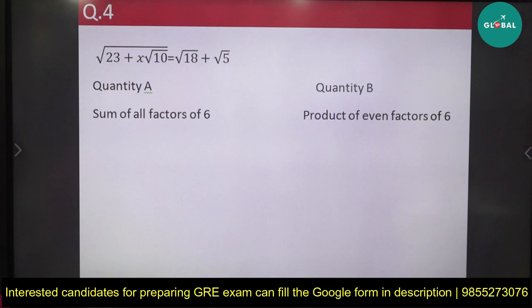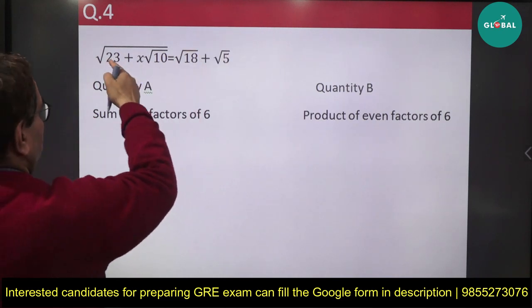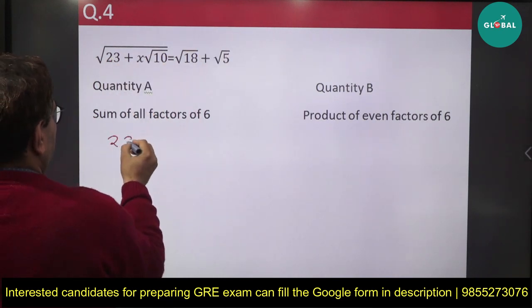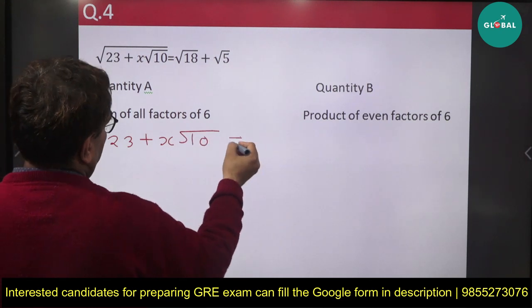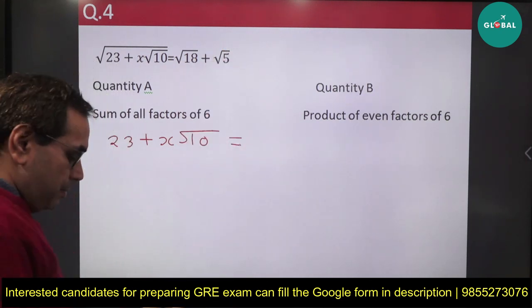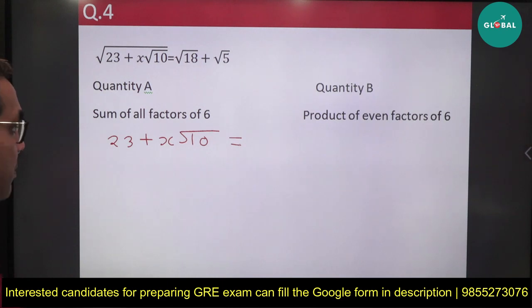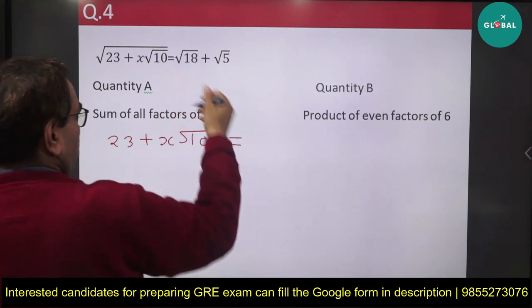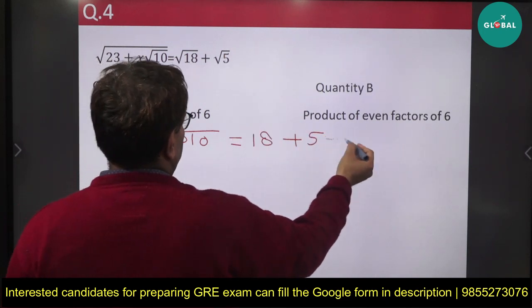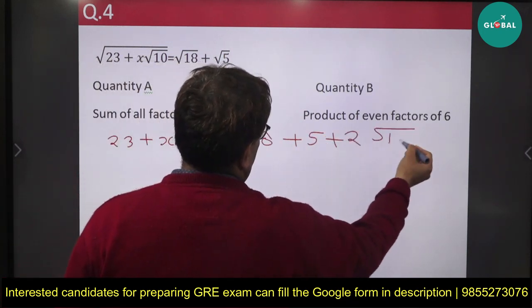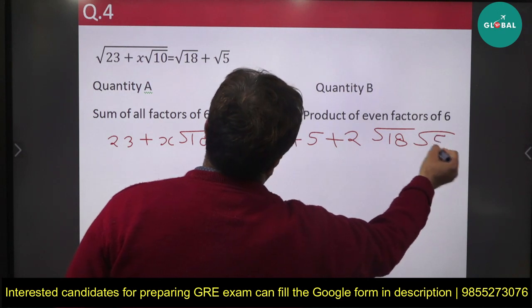What we can do, we can square both sides. So squaring both sides, this becomes 23 plus x root 10 equal to, use the identity (a plus b) whole square, that is a square plus b square plus 2ab. So 18 plus 5 plus 2 into root 18 into root 5.